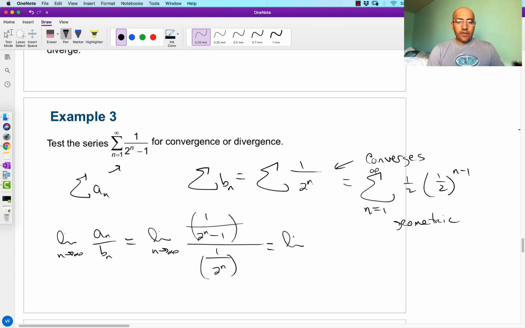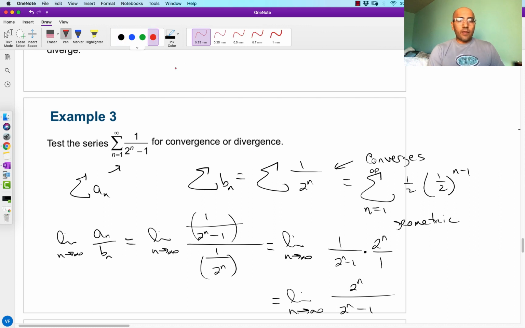So that'll be the limit as n goes to infinity of 1 over 2 to the n minus 1 times, and then the numerator times the reciprocal of the denominator gets me to 2 to the n over 1, like that. So then we just have one big happy fraction, the limit as n goes to infinity of 2 to the n divided by 2 to the n minus 1.